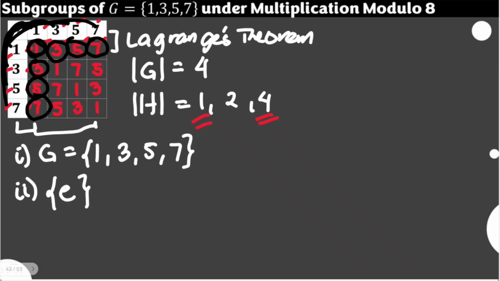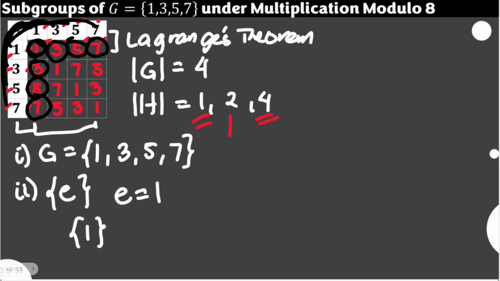See, when we operate 1 with any of those elements, the elements do not change their value. This means that our identity element here is equal to 1. So our subgroup of order 1 is the singleton, or the unit set, containing the identity element, which is 1. So we are now sure of the first two subgroups, subsets which are considered as groups.